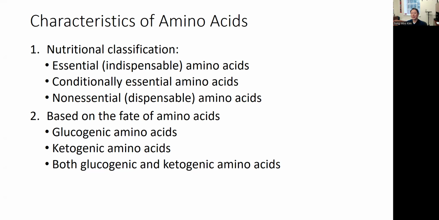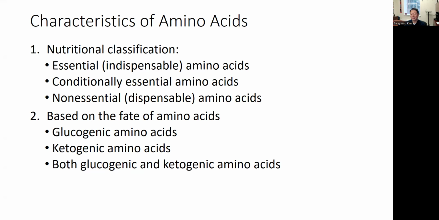And also, depending on how they are metabolized, and what the end products of this amino acid metabolism are, we can group amino acids as glucogenic or ketogenic. The glucogenic amino acids are the ones that will be converted into glucose through gluconeogenesis.